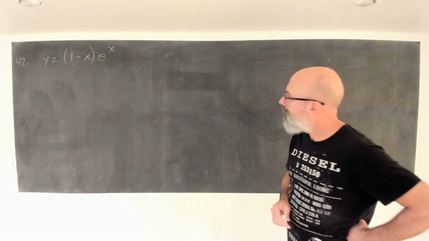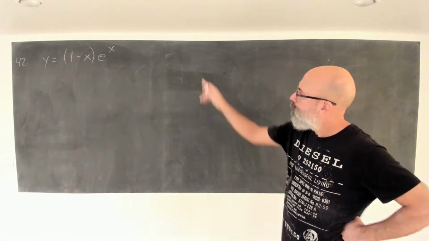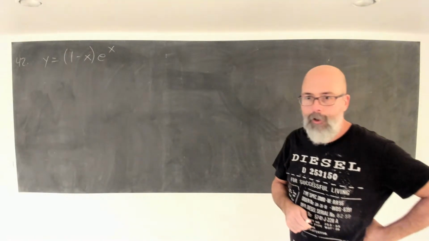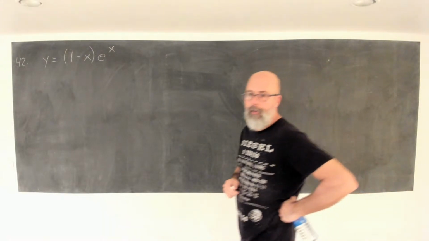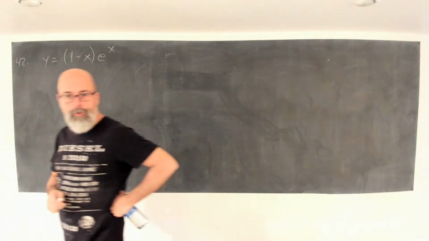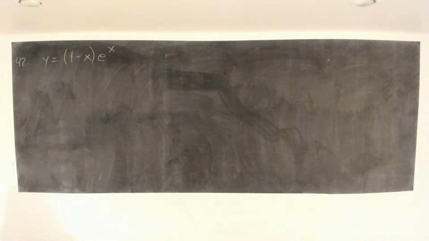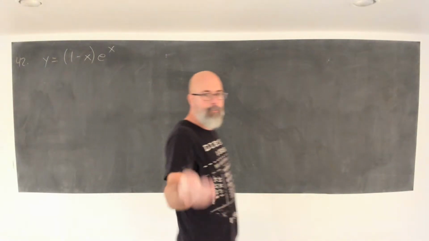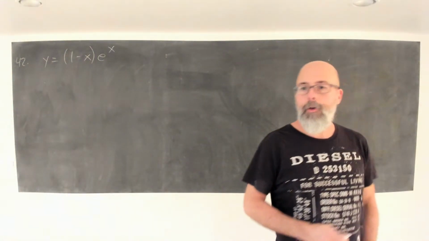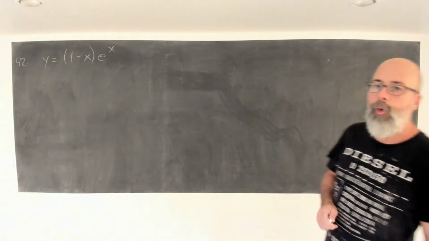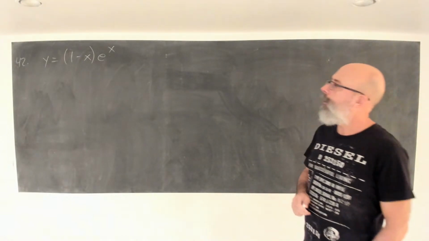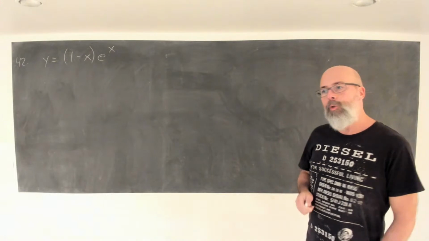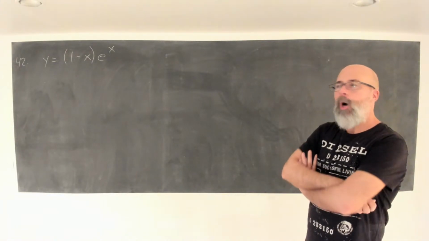Well, let's do this example, and then I'll tell you what an antiderivative is. It's nothing. You already know everything you need to know. What else do we have left? We'll do oblique asymptotes on Friday.